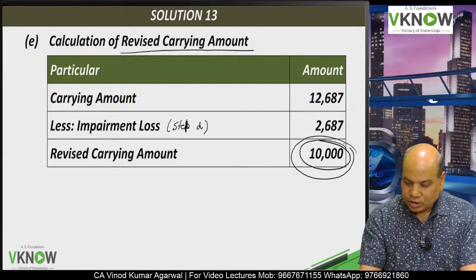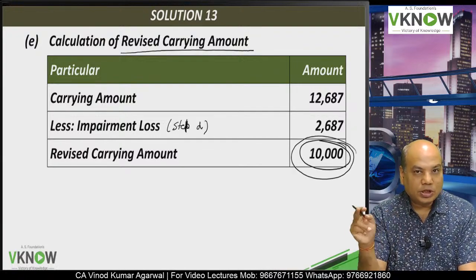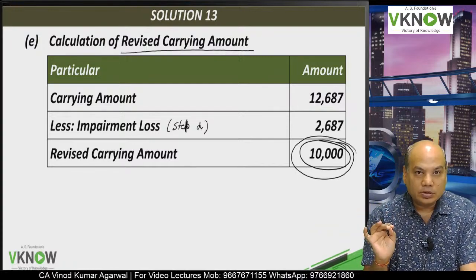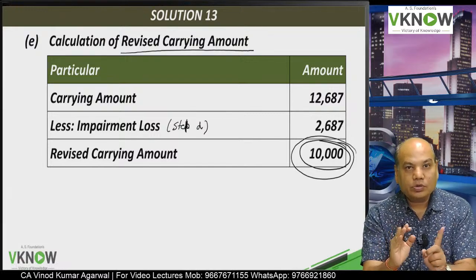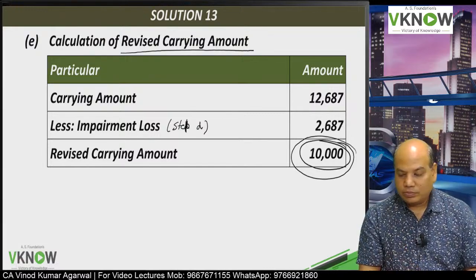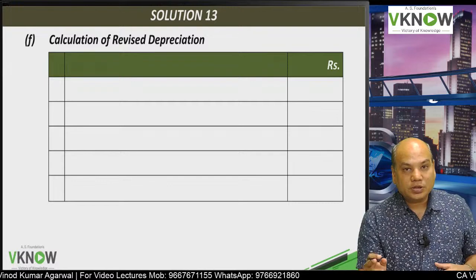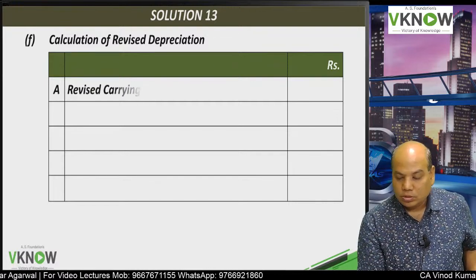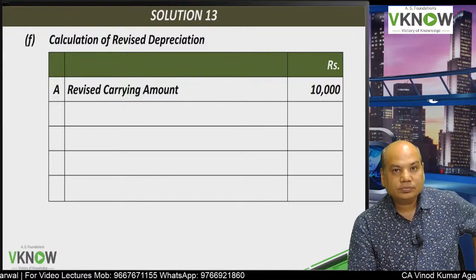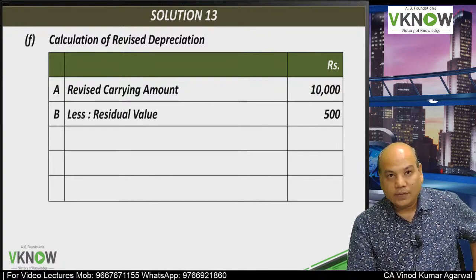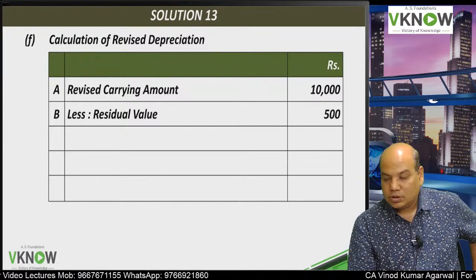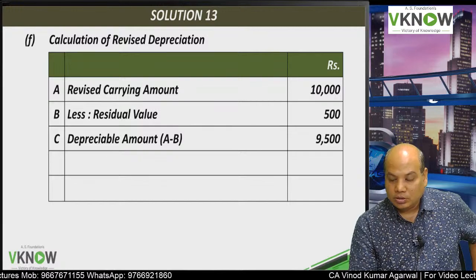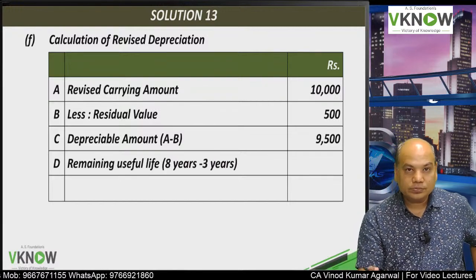This 10,000 now will be depreciated over remaining 5 years, and there is a residual value of 500 also. So my question was, what will be revised depreciation? Write down revised depreciation, very important question. My carrying amount now is 10,000 and the residual value after 5 years is 500. So depreciable amount will be only 9500.